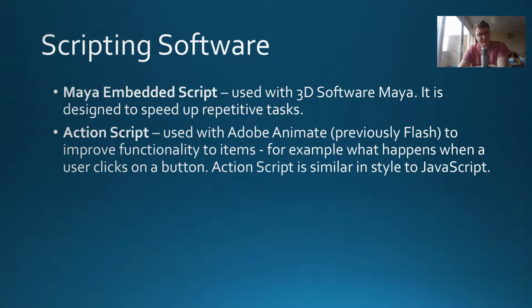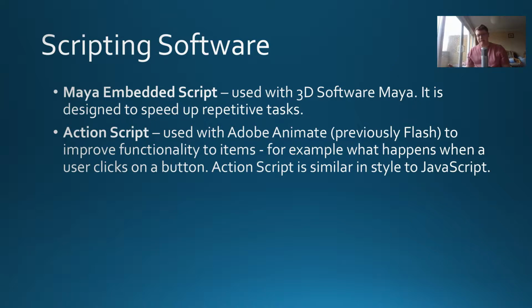With Animate you create animations, obviously, and within there you might need to give more complex commands than simply doing a motion tween, which is where you give the illusion of an object moving across the screen. But you might want to add some scripting behind it. For example, if a user clicks on this button, then perform this action.